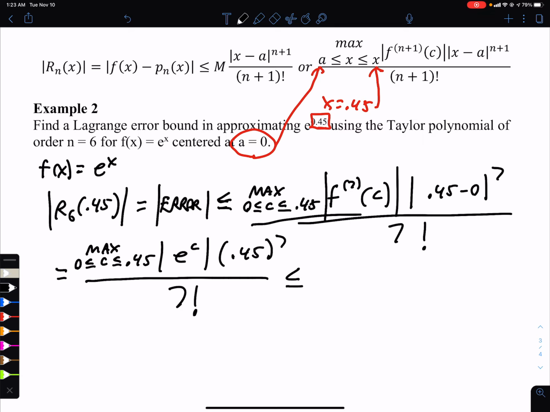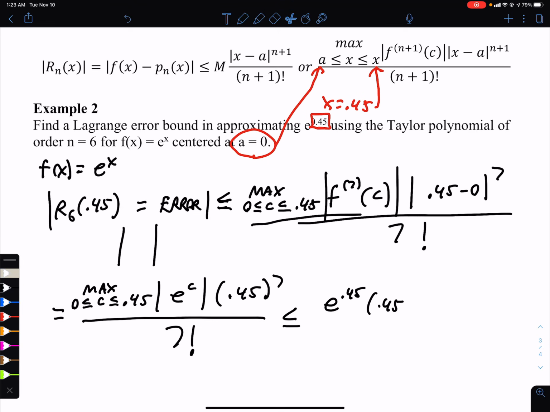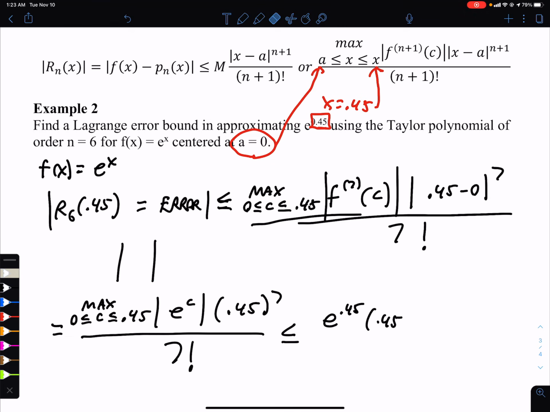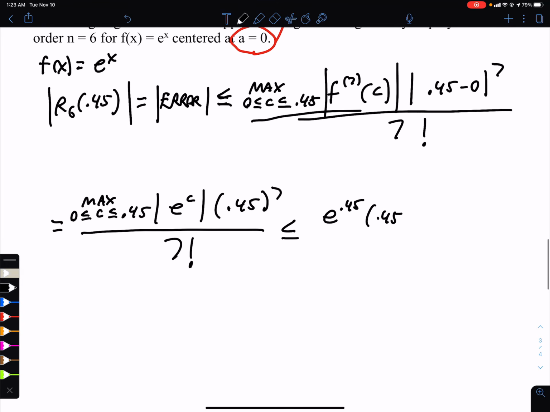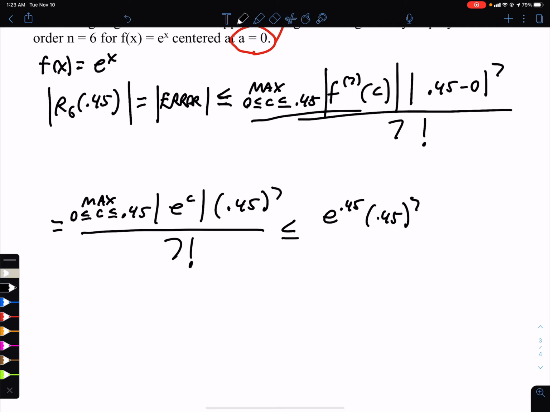Let's see, this is going to be less than or equal to e to the 0.45. And then we still have 0.45. I'm going to just move this whole thing down because I can. Why? Because I can. Whoops, that wasn't supposed to come with us. Let me put those back up there. 0.45 to the 7th over 7 factorial.